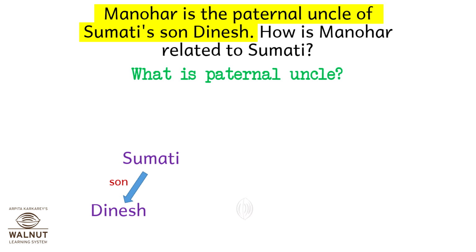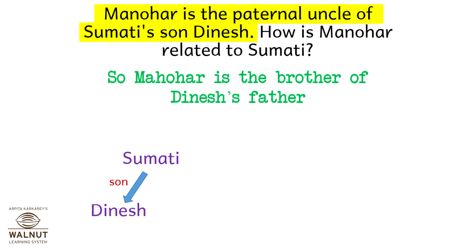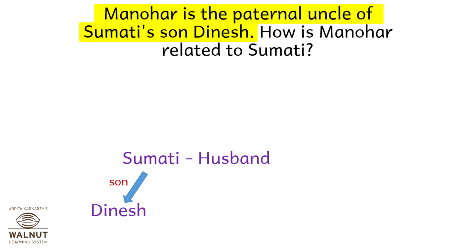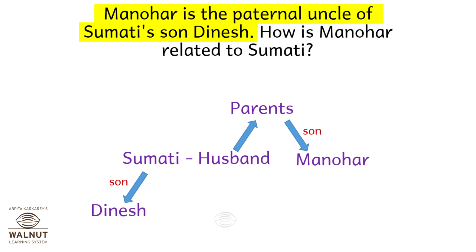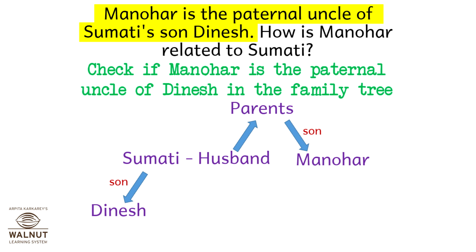What is paternal uncle? Father's brother. So Manohar is the brother of Dinesh's father. So we write husband of Sumati, who is Dinesh's father, and we write his parents who have another son called Manohar. So now check if Manohar is the paternal uncle of Dinesh in the family tree.